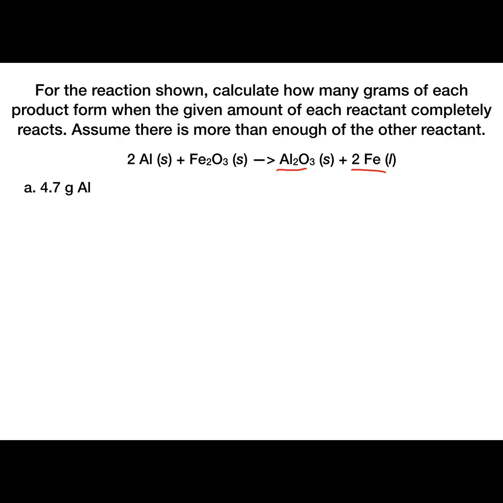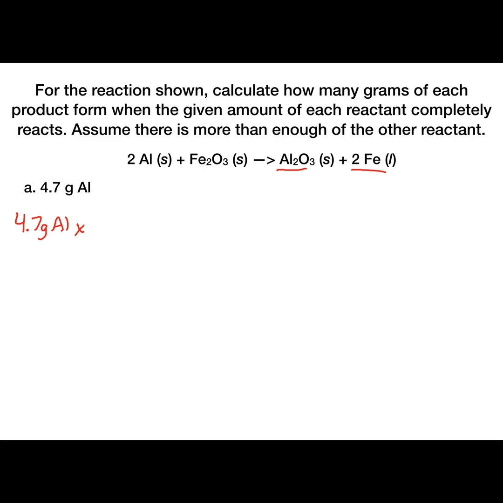So let's start with the first one. We always start with what we're given, which is the 4.7 grams of aluminum times. Now, in order to use our mole-to-mole ratios in our chemical equation, we need to convert grams of aluminum into moles of aluminum.